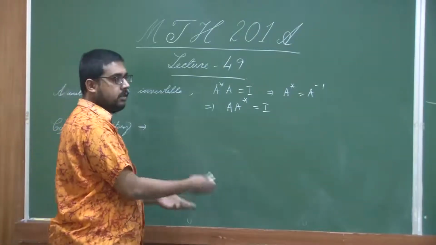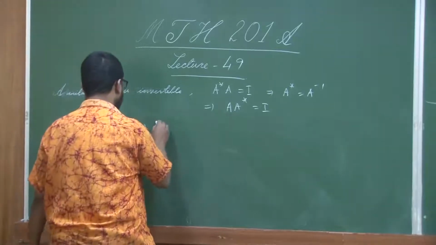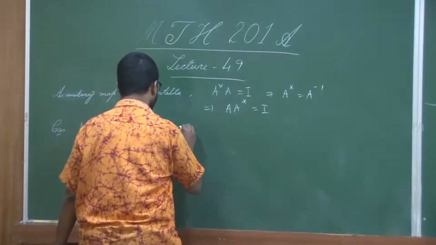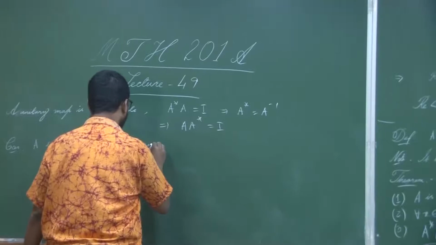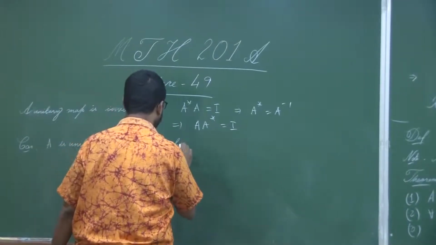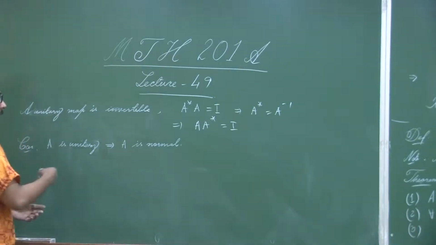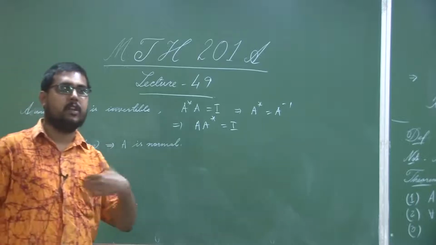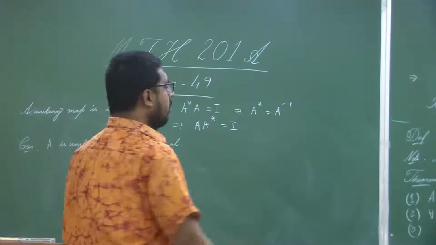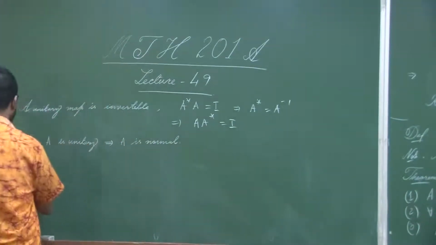So, A is normal, and then we do have the spectral theorem for general normal operators, and that gives us the spectral theorem for unitary operators.